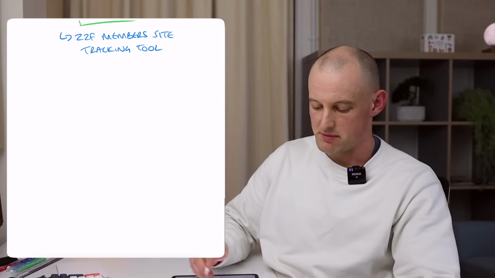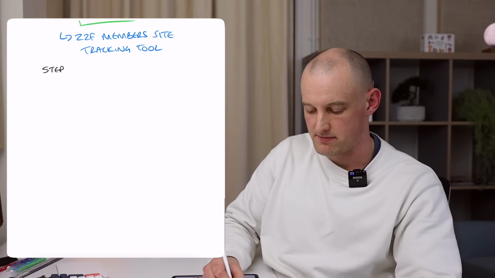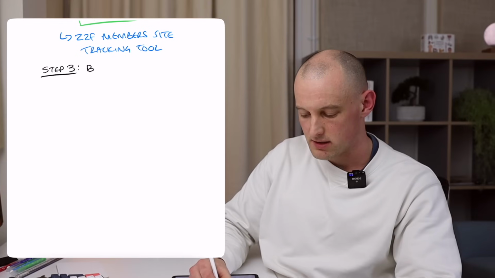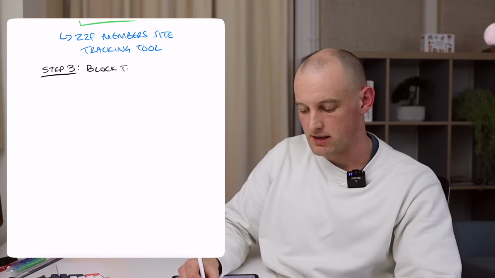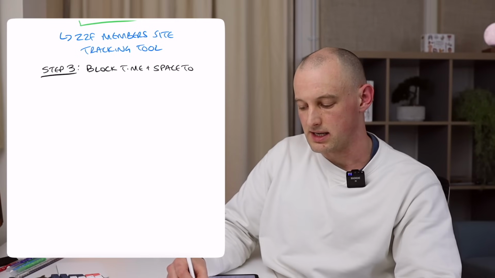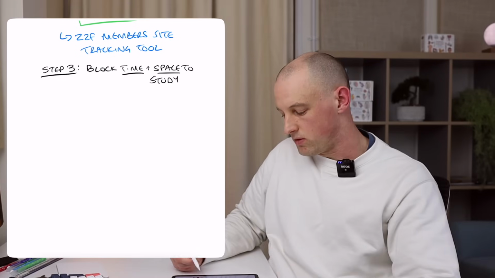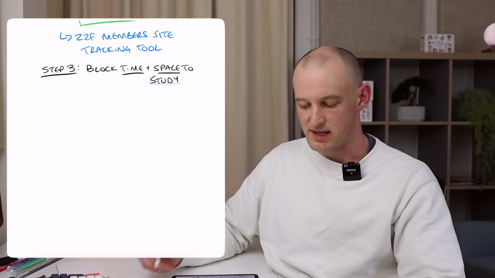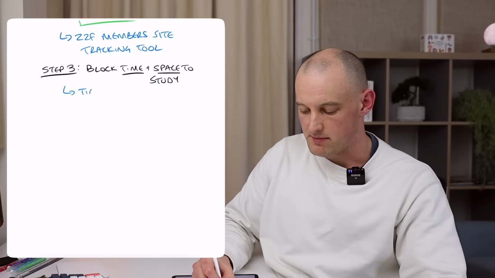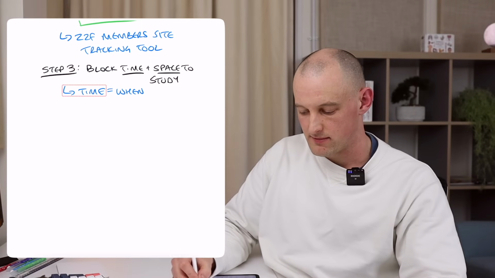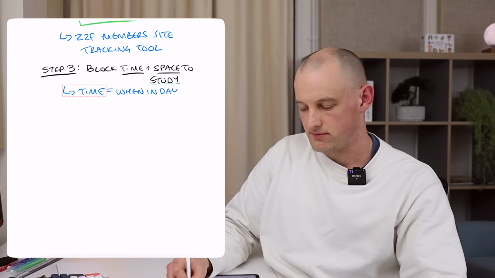Okay, then we move on to step 3 of the system, which is to block time and space to study. So what do I mean by blocking time and space to study? Well, time is when you're going to study in the day.